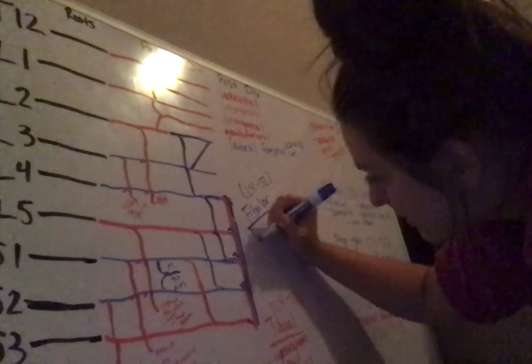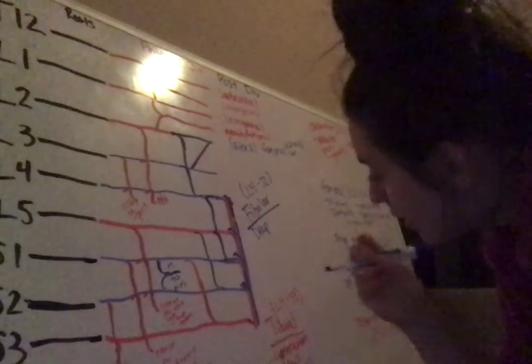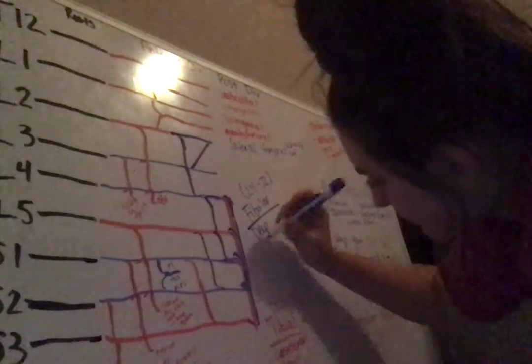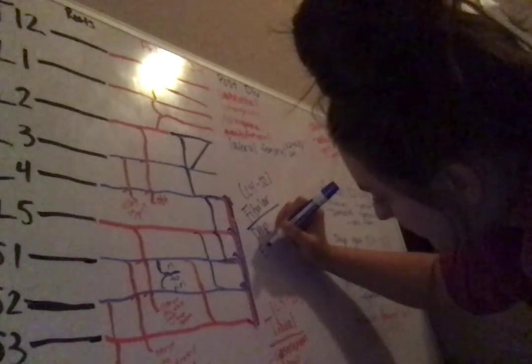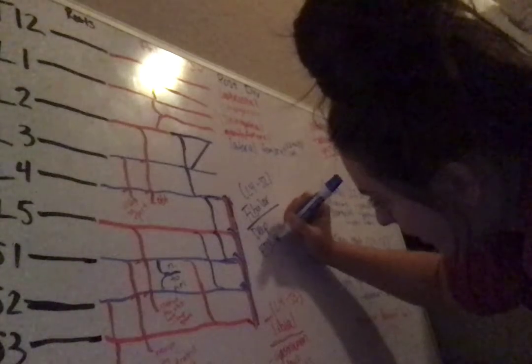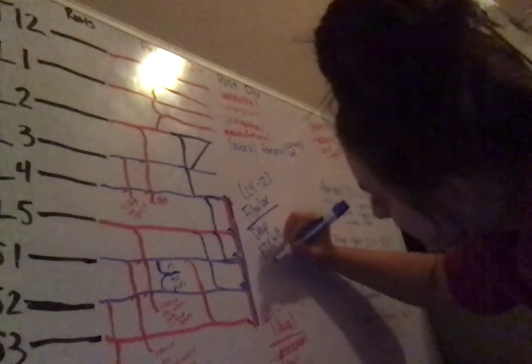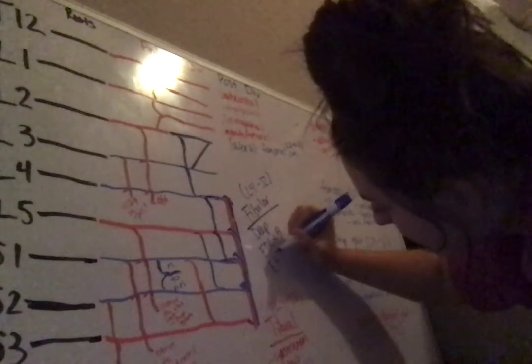Alright, so we've got the deep muscles, which consist of the extensor digitorum longus and brevis, the extensor hallucis longus and brevis.